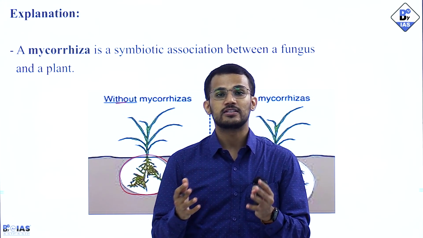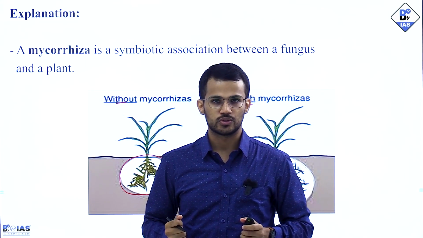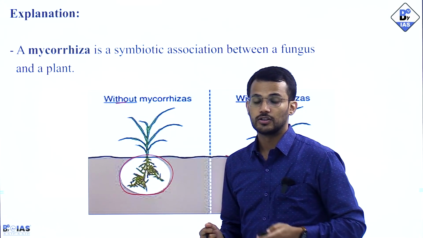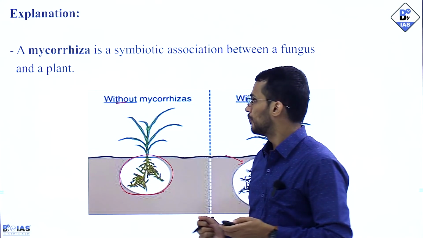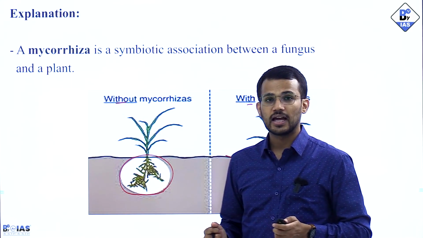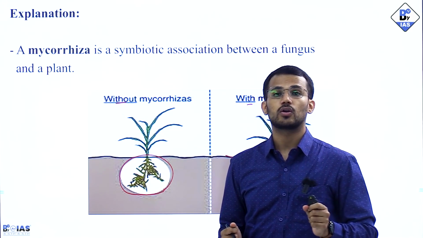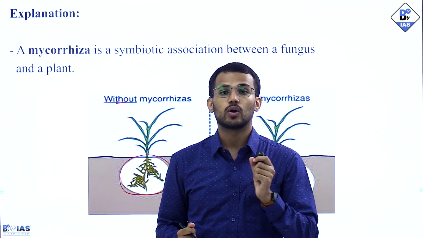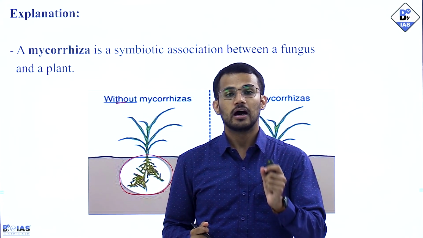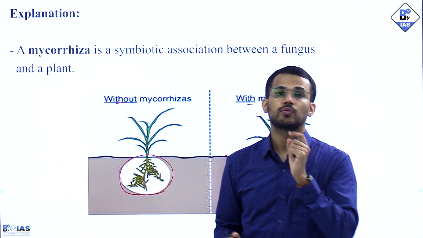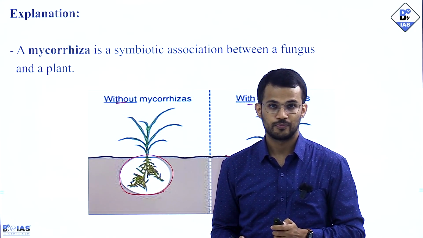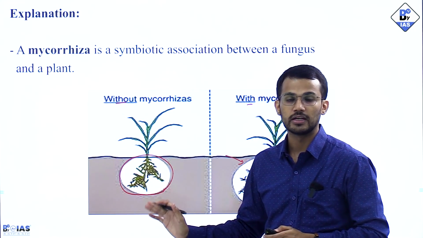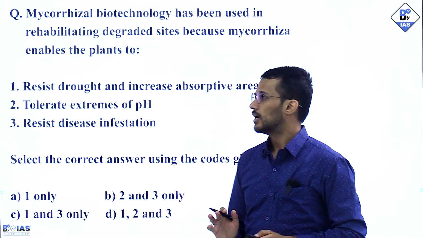Right? So it is considered a symbiotic association. And you must be aware of the fact that more than 90% of the plants living on the surface of the earth are living in such kind of association with fungus. Right? So it is not uncommon. It is quite common in nature.